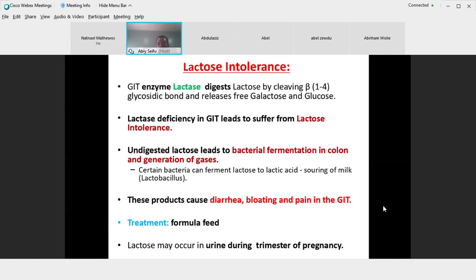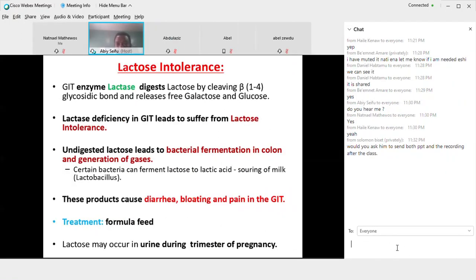This is one of the causes of diarrhea, bloating, and pain around the GI in an individual who is lactase deficient. Now, as a physician, how will you treat those individuals who are lactase deficient? I'm waiting for your response. As a physician, individuals who have lactose intolerance, how will you treat them?